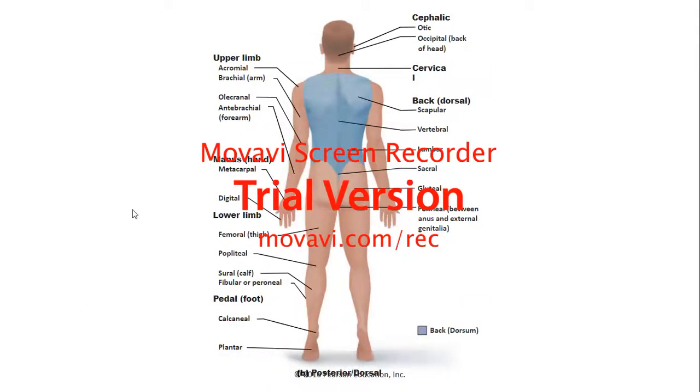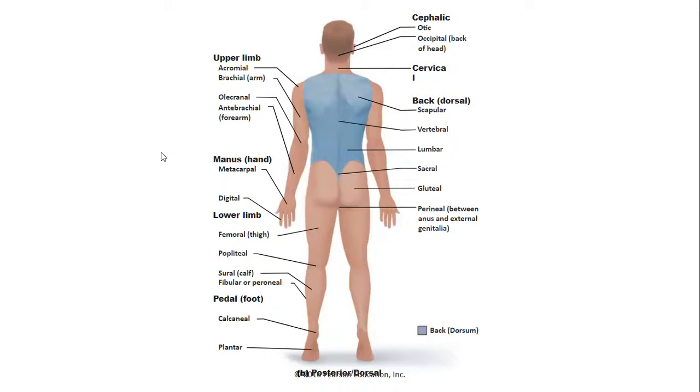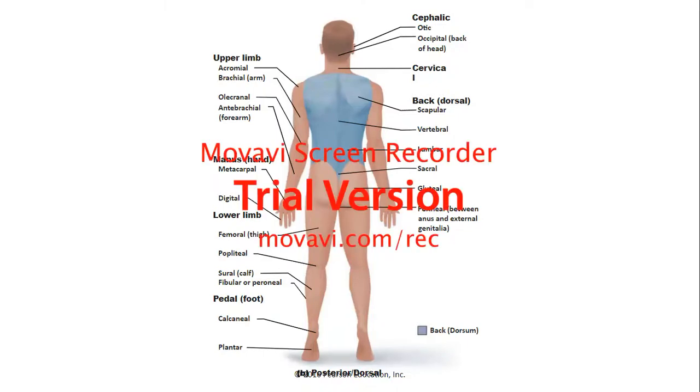This is just the posterior view, and again, all this terminology is consistent. You're going to see the same terminology when you're dealing with the skeletal system and the muscular system.